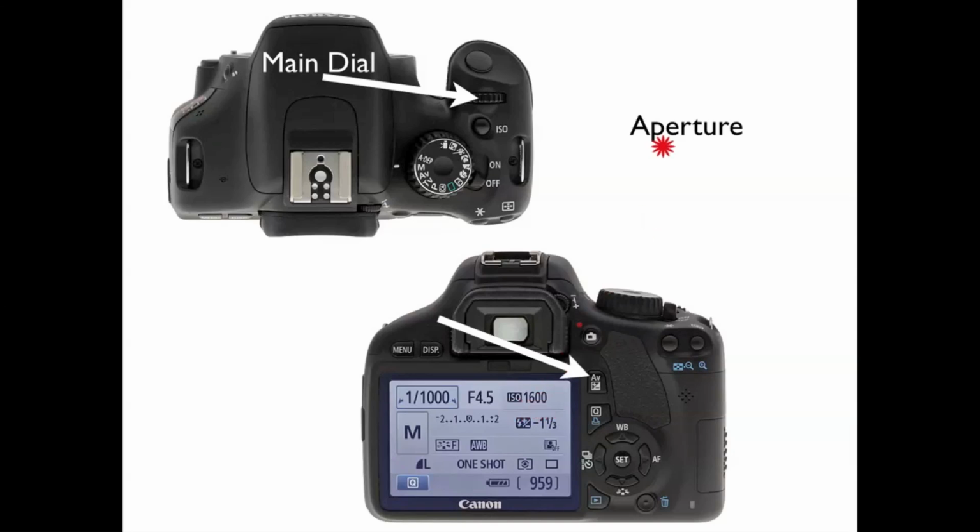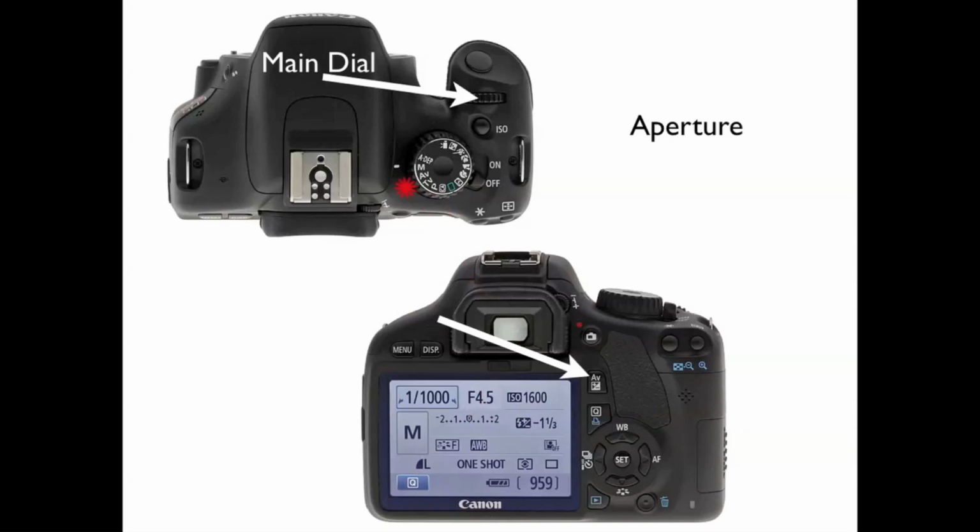Let's talk about aperture. How to change and how to select an aperture on this camera. First of all, you have to recognize it depends on what mode you are in. If you're in aperture priority, that means that you're in charge of aperture, and all you would have to do is toggle and change the main dial. You would change the main dial and you would see your F number, your aperture setting right here change.